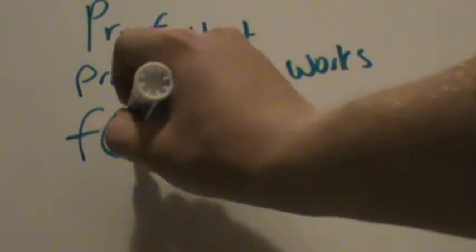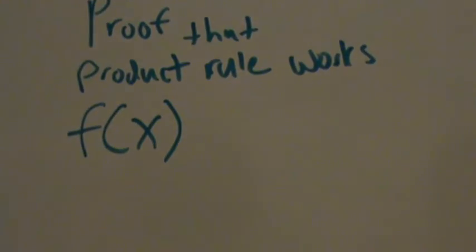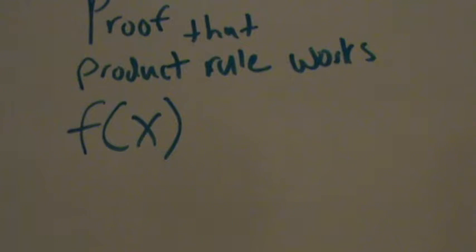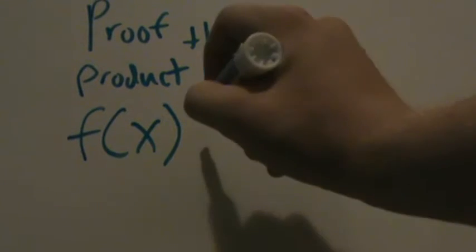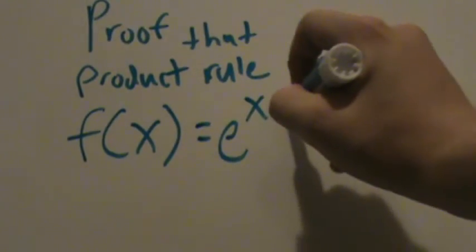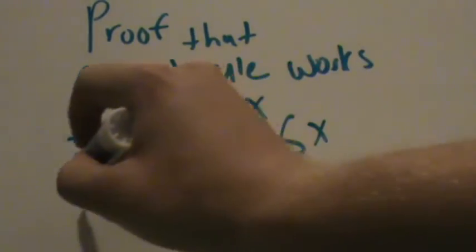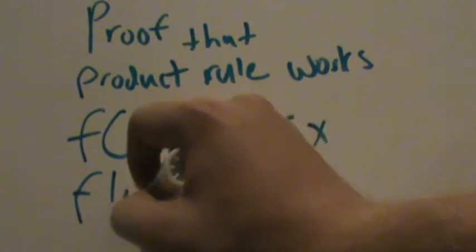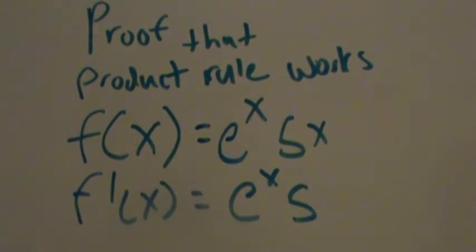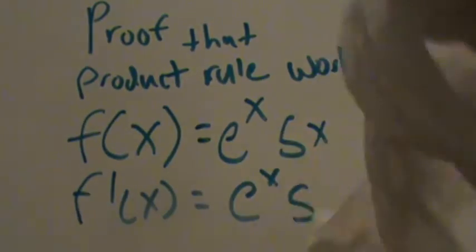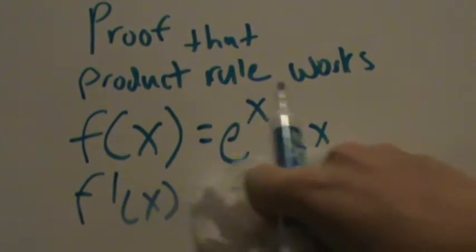Let's say, I don't know, e to the x 5x or something like that. So we know that f prime of x is equal to e to the x 5. Actually, let's do it the opposite way.